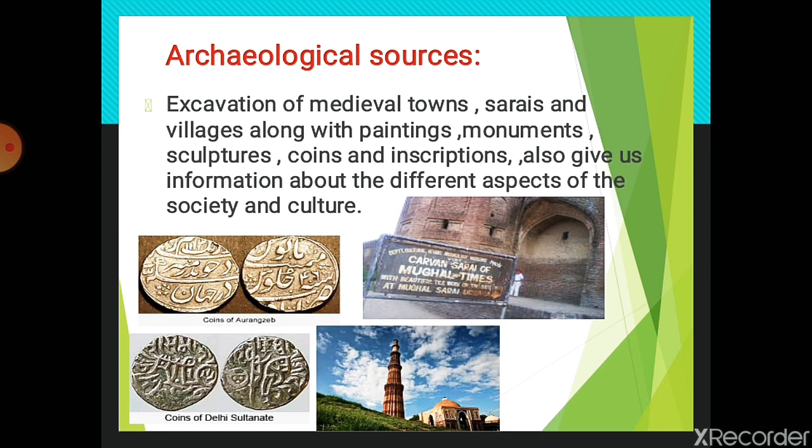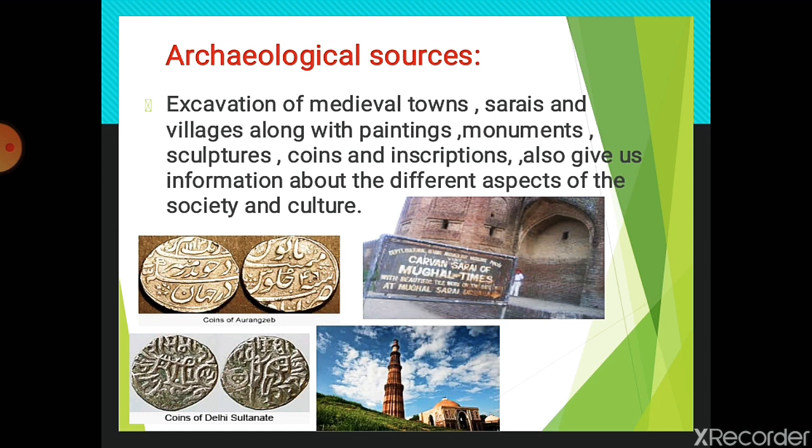Take coins, for example, the coins used during the period of the Mughals. From them we can know about the level of development of technology. We can also know the use of different metals. Also we can know the economic condition of people during that time.